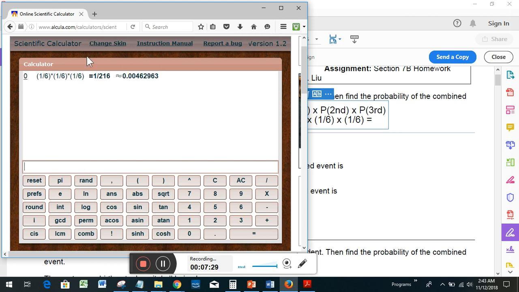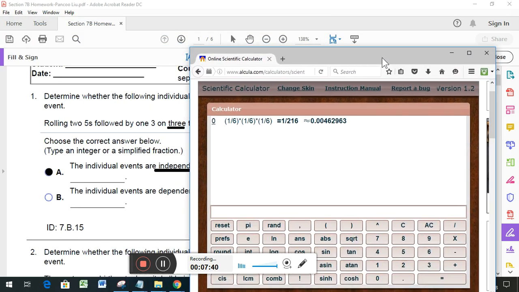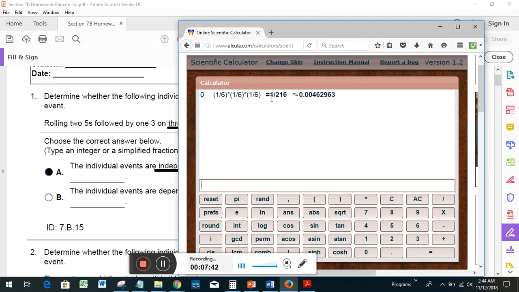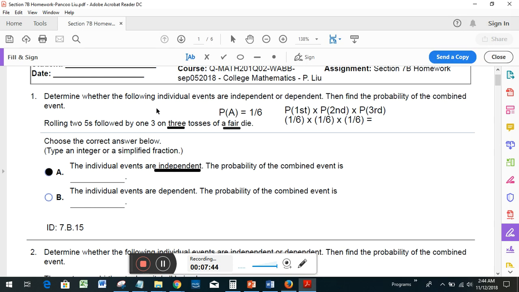Now, if you notice in this calculator here, it actually gives you the simplified fraction and the decimal form. In this case here, they only want the simplified fraction, so it will be 1/216. So your answer here is 1/216.